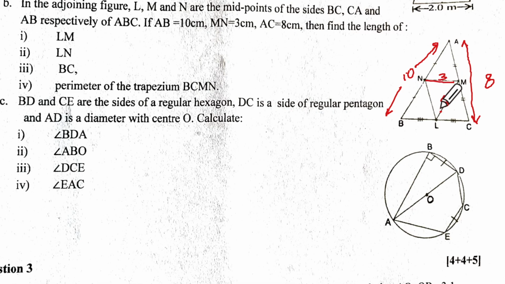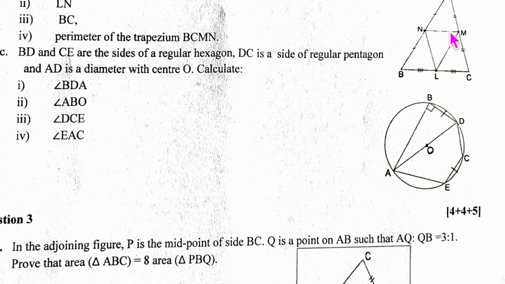Then they say LN. This is going to be half of this, 8 upon 2, sorry. So that will be 4, correct? And BC is going to be, if this is 3, then this will be 6. Each time you have to write the statements using MPT. Was it doable? And perimeter of the trapezium is also easy.